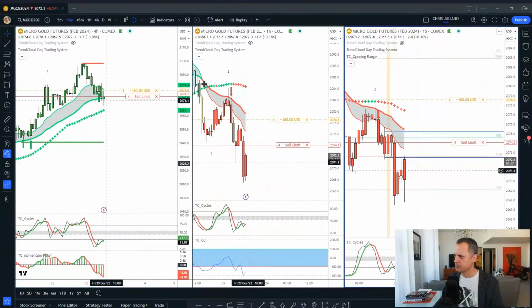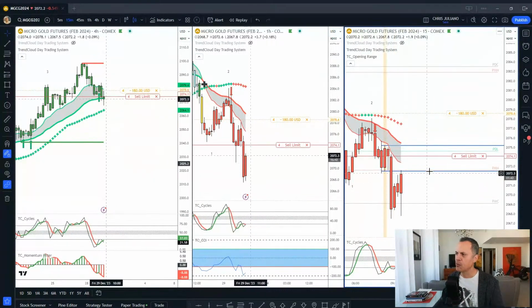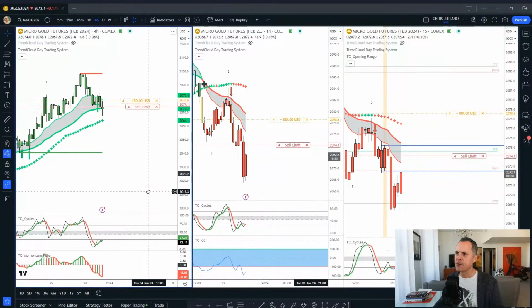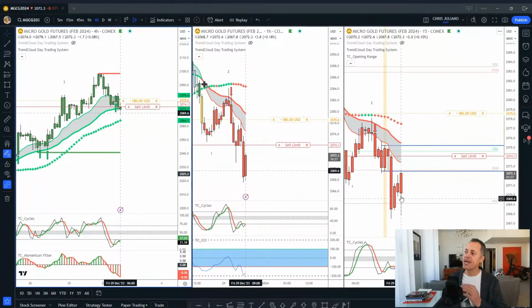Here we go. Pulling into, so we're just starting to hit that opening range there. But yeah, we are below negative 100 on that CCI indicator, and that means that we're pulling back.